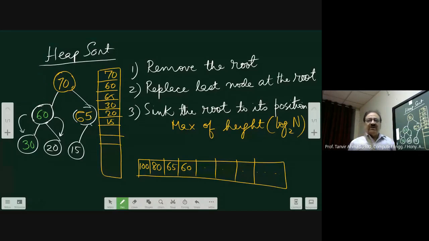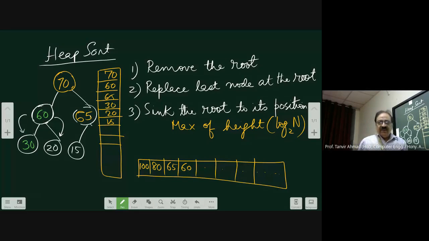Now that must clear a doubt: when I am going to perform descending order sorting, I will make a max heap tree. If I am going to perform in ascending order, I will use a min heap tree.